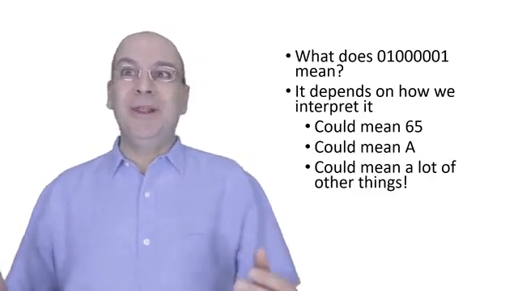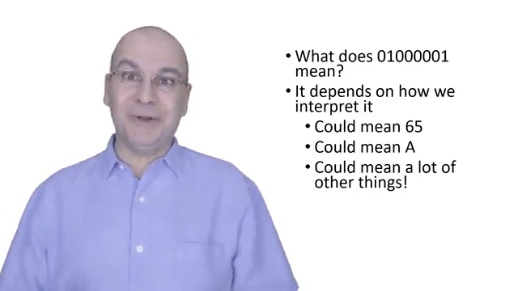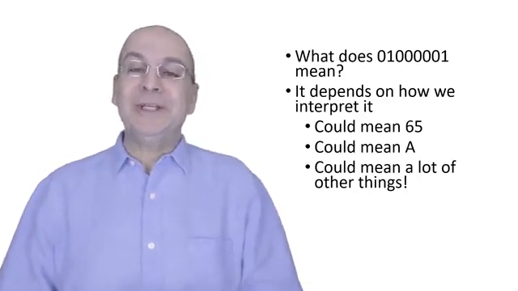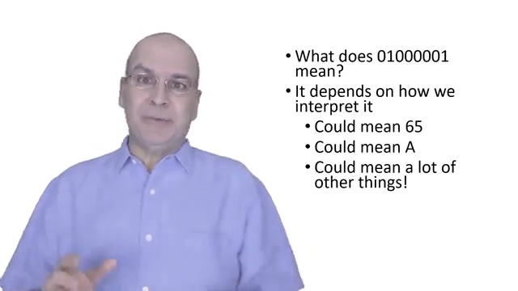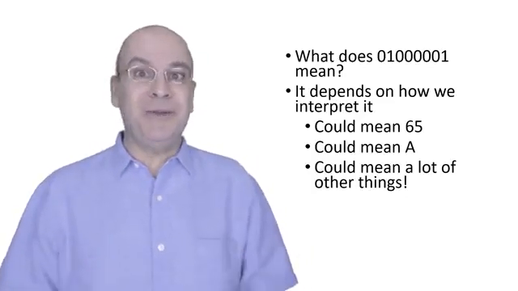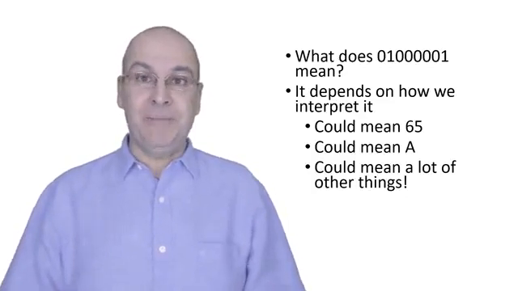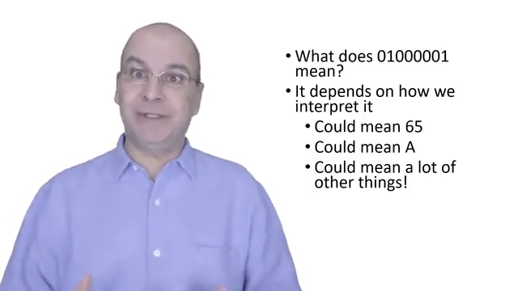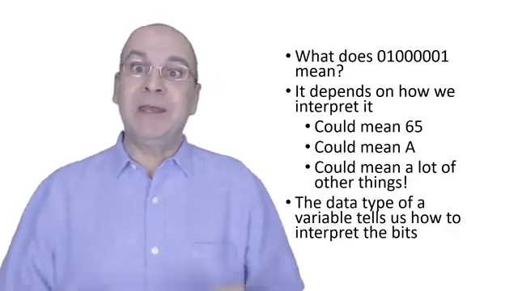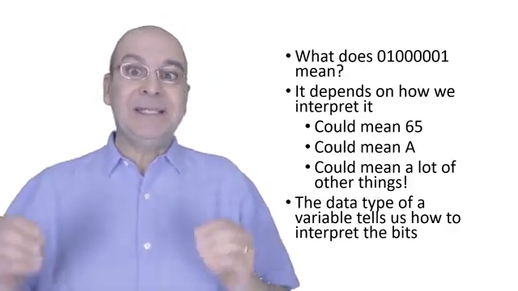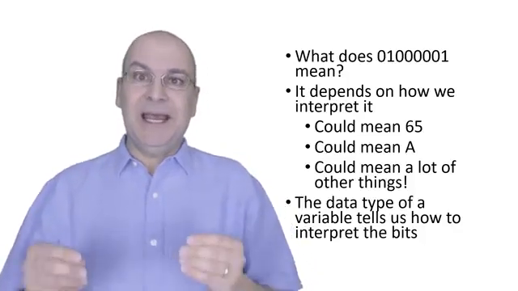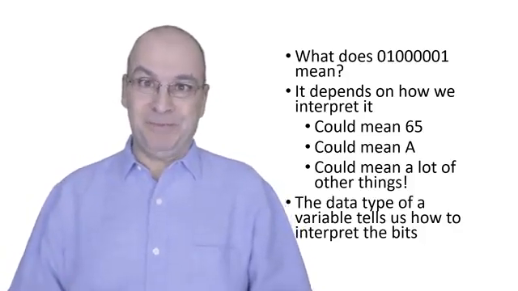It could mean the red component of a pixel if we have 8 bits for the red component of a pixel. So a sequence of ones and zeros can represent a whole bunch of different things. How do we know which thing this sequence of ones and zeros actually represents? A data type tells us how to interpret the bits at a particular location.